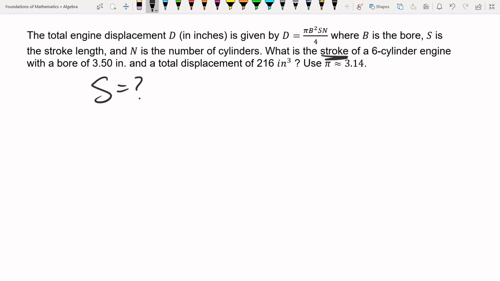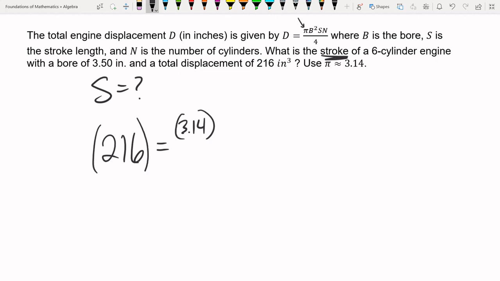What is S when we have a bore of 3.5 inches and a total displacement, capital D, of 216? And of course, we're going to use pi estimated to 3.14, which is the pi symbol right there. So we have D, actually D is 216 inches cubed. Pi is going to be 3.14.